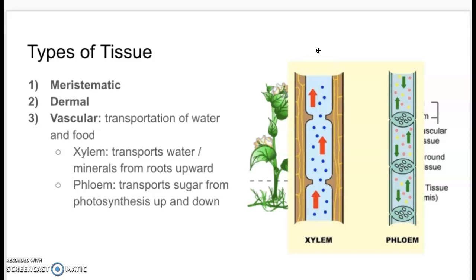Now, this is important to know because remember, we talked about the leaves of the plant being the ones that produce photosynthesis for the majority of plants. The leaves are typically at the top of the plant, so the sugar would typically go down.